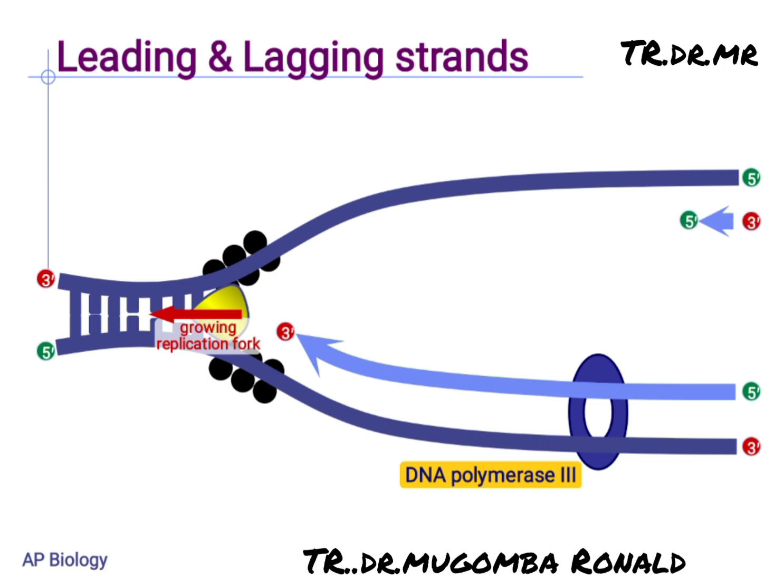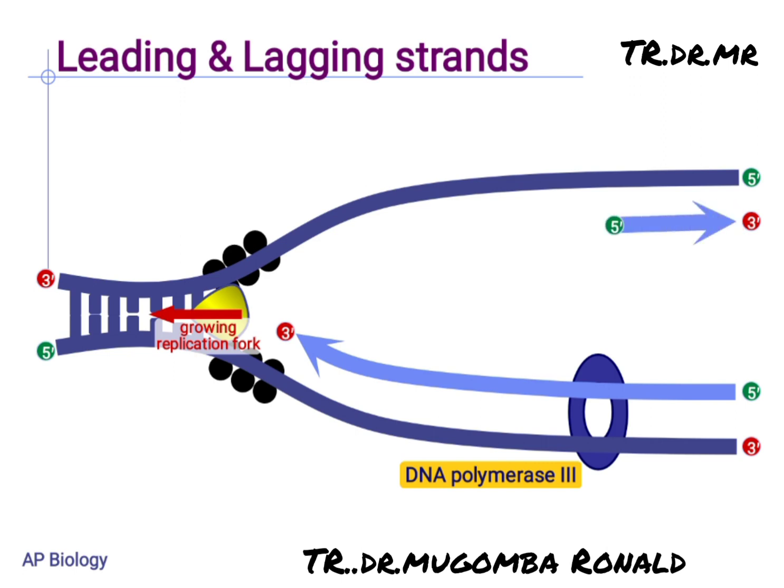Someone might think that we have some kind of synthesis in the 3' to 5' direction. That never happens. DNA polymerase 3 cannot synthesize new DNA in the 3' to 5' direction, but it can synthesize DNA only in the 5' to 3' direction.